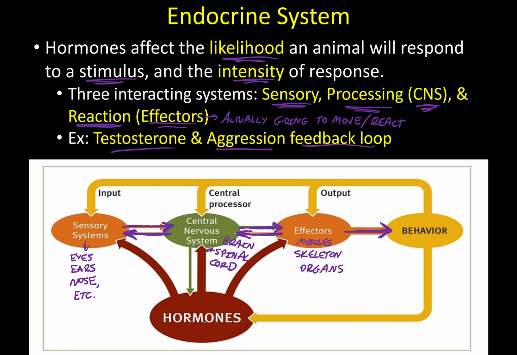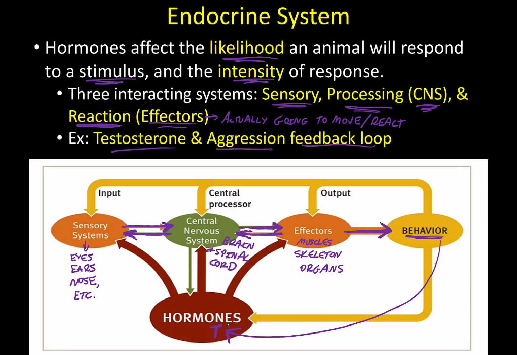In this feedback loop, when an aggressive interaction occurs and an animal is forced to behave aggressively, it may engage in a dominance fight. Now, that fight might be physical, or it might just involve posturing, like snarling, growling, puffing yourself up to make yourself look bigger. All of those, though, count as a conflict. And if the animal wins that particular conflict, it actually boosts the production of testosterone in their system.